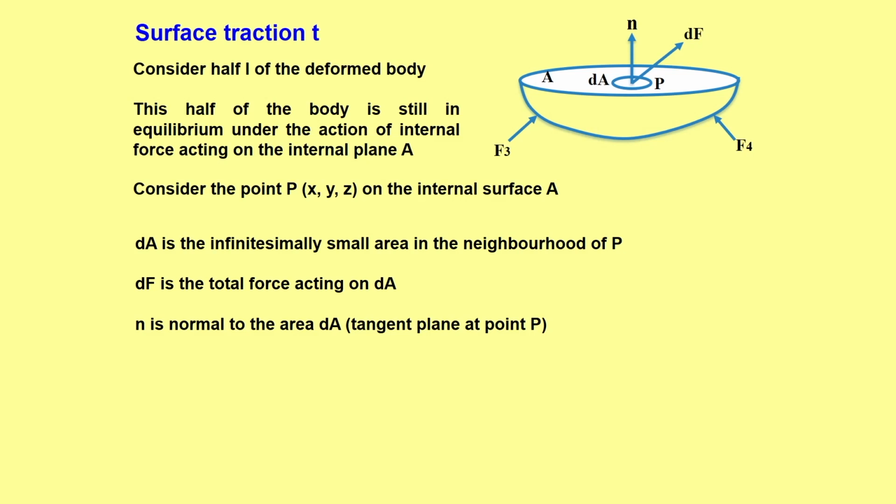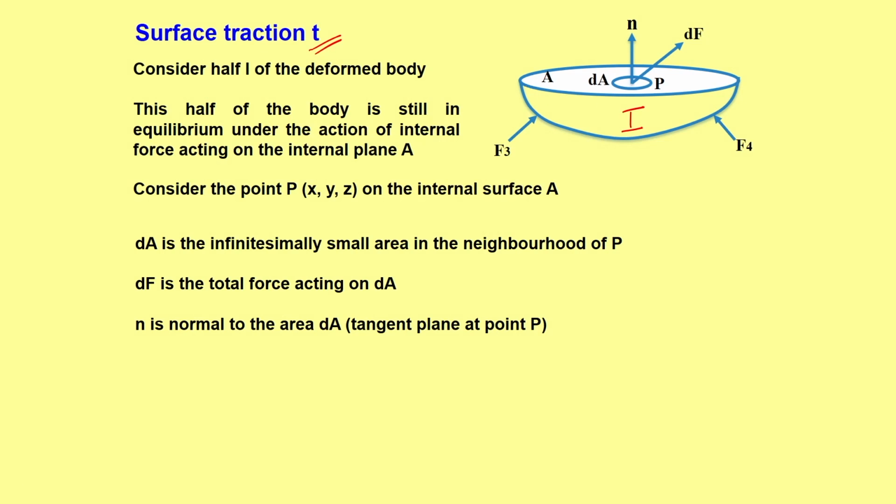So, now we will discuss more about surface traction, which is represented by small t, and we are considering only half 1. So, this is half 1, F3 and F4 are there, and the plane A is there.